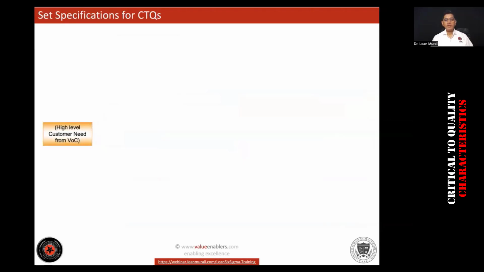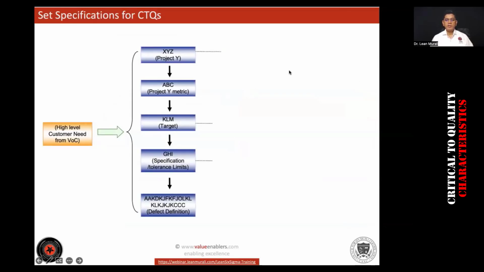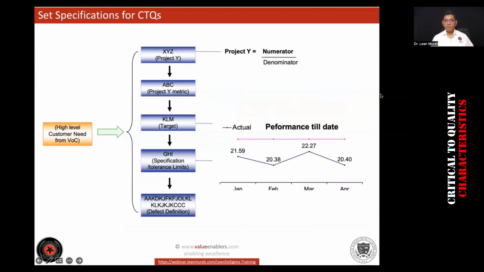So set the specification for critical to quality. In the project, now I'm going to explain at a very high level before I wind up this session. You have a high level project, and then you have a metric, a performance, and the voice of the customer is measured as a performance in reality.